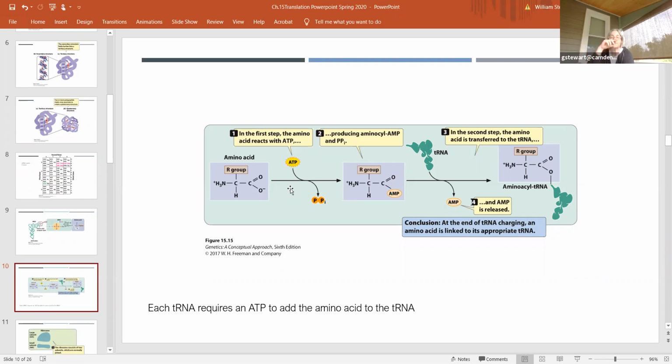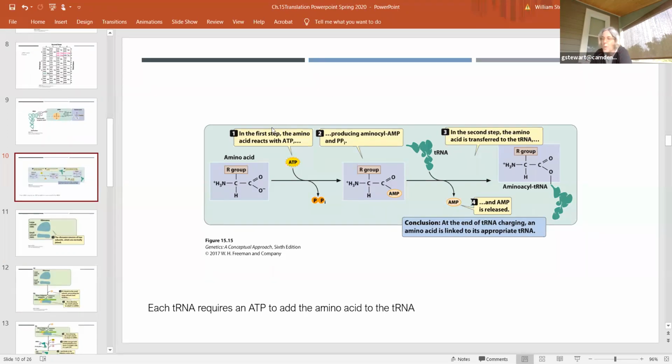We'll see that translation itself, including releasing the elongation factors, peptide bond formation, and translocation of the ribosome, is also going to cost the cell 2 more energy molecules.